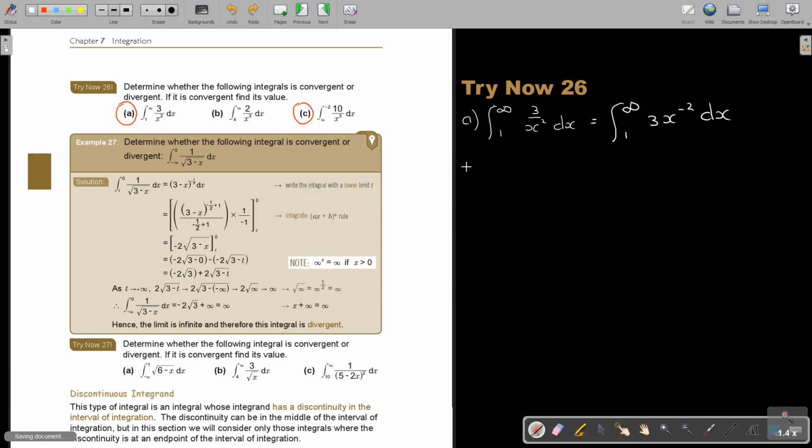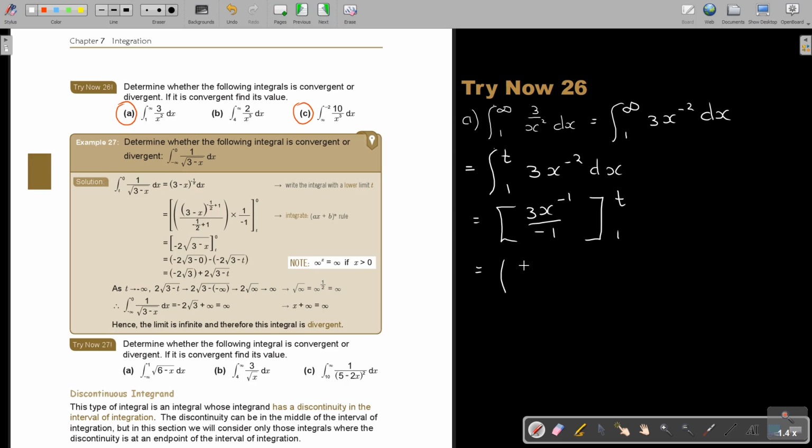I'm going to rather put, first in the place of the infinity sign, that t. And now I'm going to integrate. So it's 3x, if I add 1, so it's minus 1, divide by minus 1, and my boundaries are t and 1. Okay. Then I'm going to substitute.